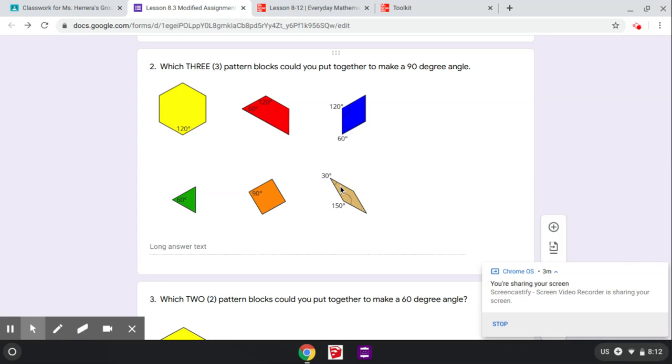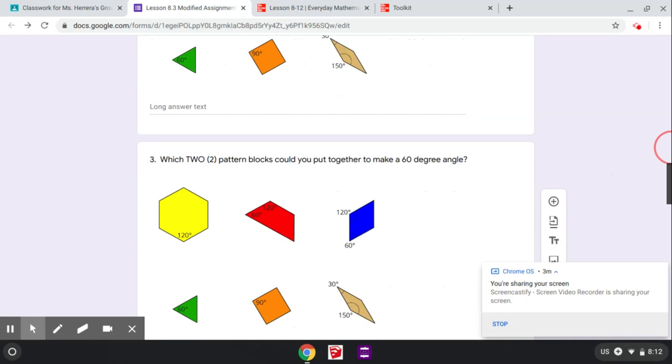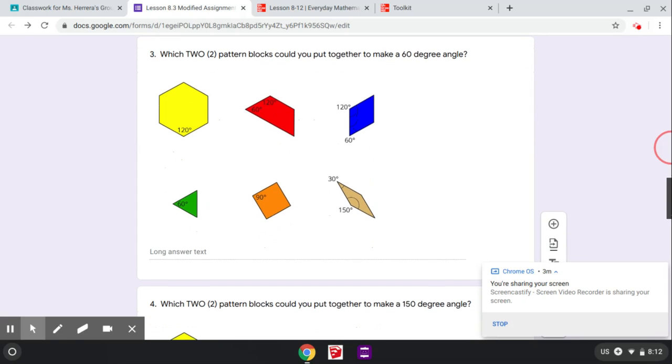So the answer was 3 of these small rhombi. Number 3, the same thing here. It's a similar question, a little tricky. Which 2 pattern blocks could make 60 degrees? So you would have used the small rhombi twice. So the answer was 2 small rhombi because 30 plus 30 equals 60.